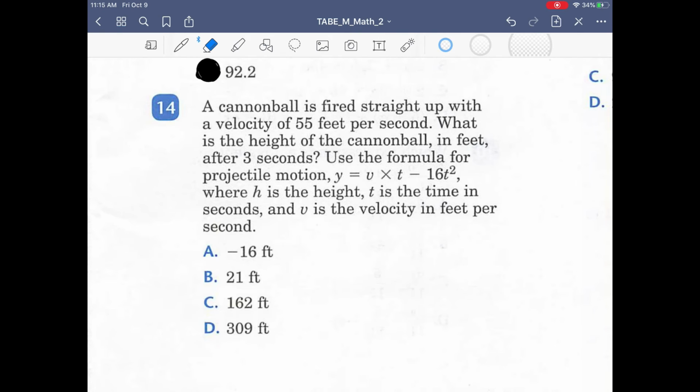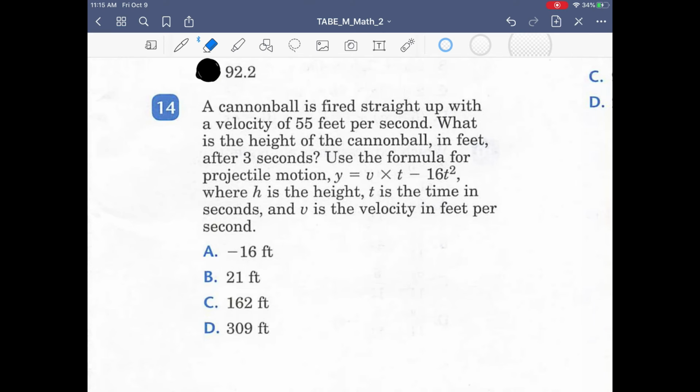A cannonball is fired straight up with a velocity of 55 feet per second. What is the height of the cannonball in feet after 3 seconds?